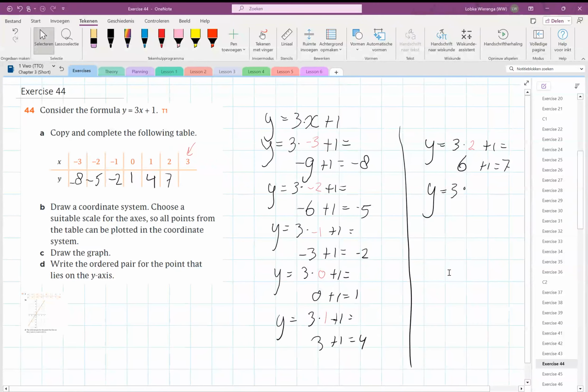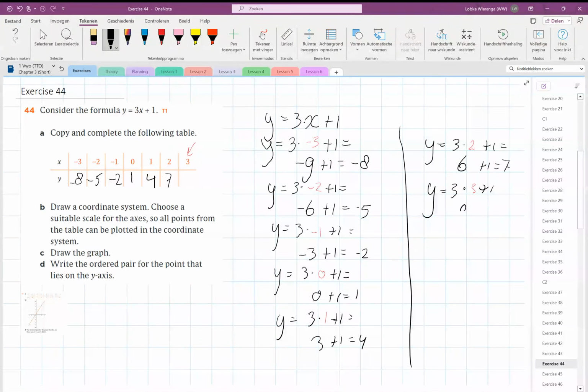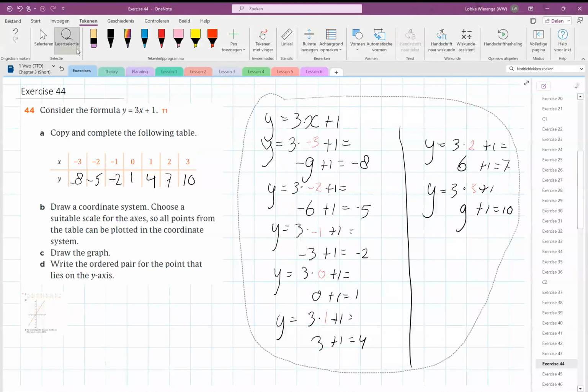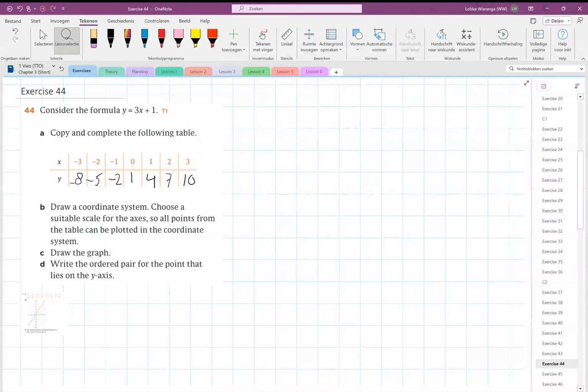There was a little loop in the computer, so I'm continuing. 3 times 3 plus 1, which is 9. And 9 plus 1 is 10. So that's question A. I'll erase all the calculations so we have enough space.